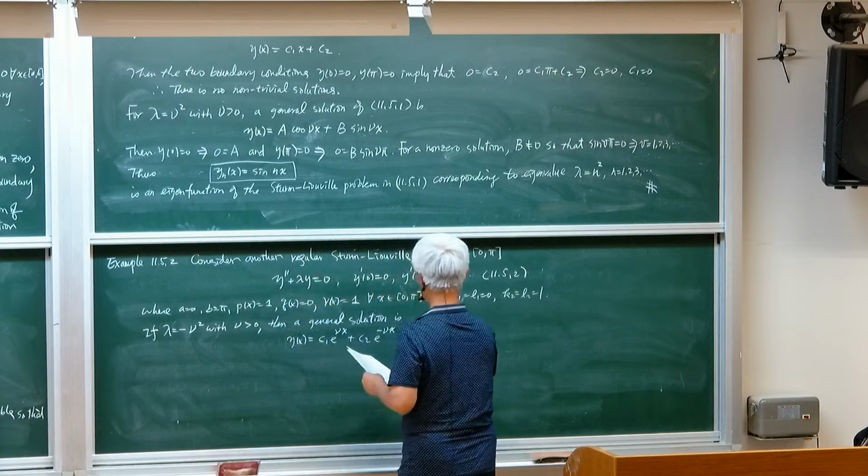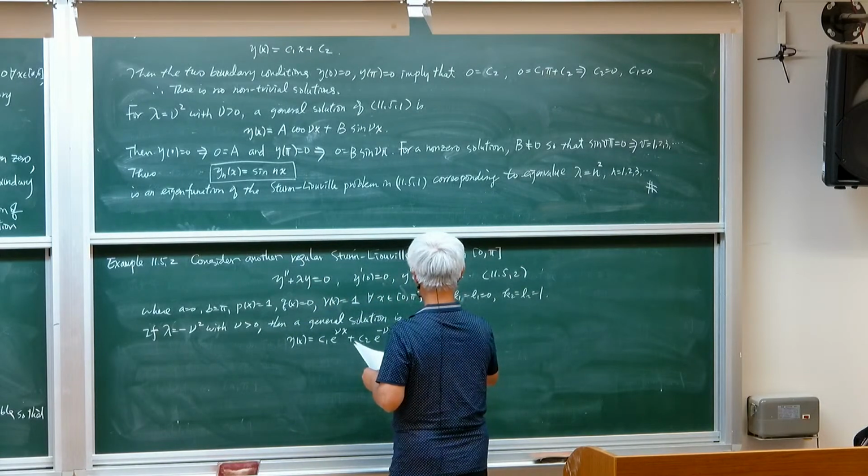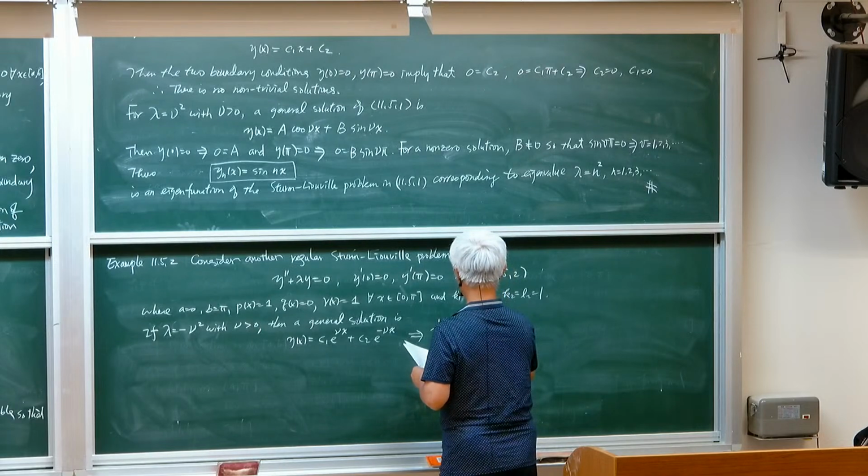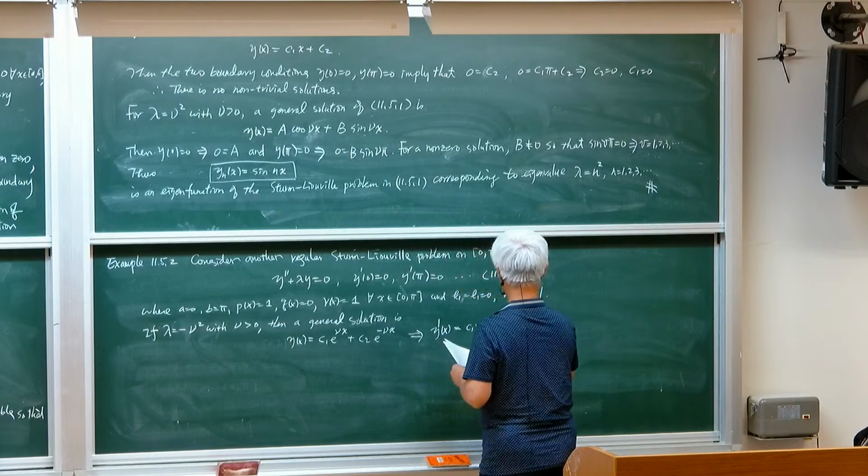And this implies that the derivative is C1 nu e^(nu x) minus C2 nu e^(-nu x).